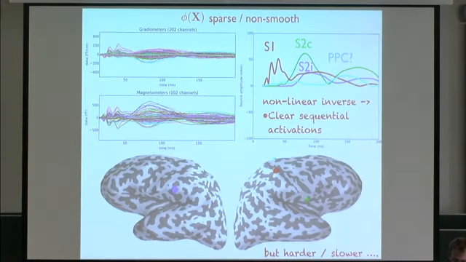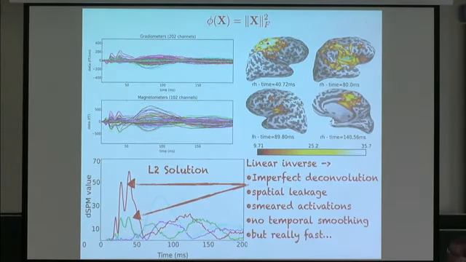So if we look a bit closer, if I take my actual data and I use my Tikhonov regularization, and I look at specific locations that I know to be involved in the task, here are the time series that I recover. What you see here is that this source, which is actually here, gets leaked into another location, even though it's 5 centimeters away.